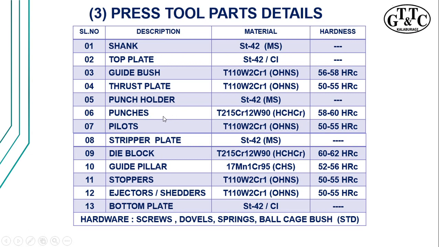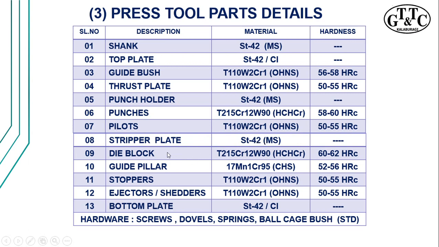Now in the punch, it depends on the type of operation. If the punch is performing cutting operations, then the metal can be selected as HCHCR, and if the punch is for a non-cutting operation, then OHNS metal can be taken. Then pilots with OHNS material of 50-55 HRC, then stripper plate of ST42, then die block.